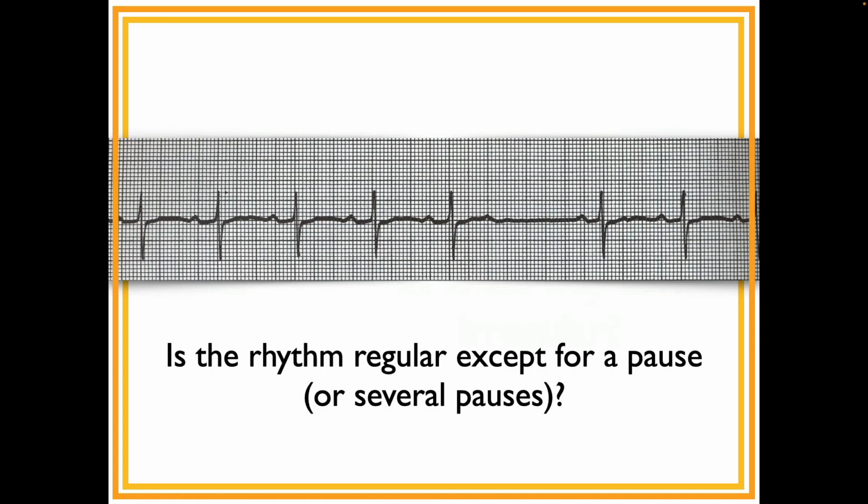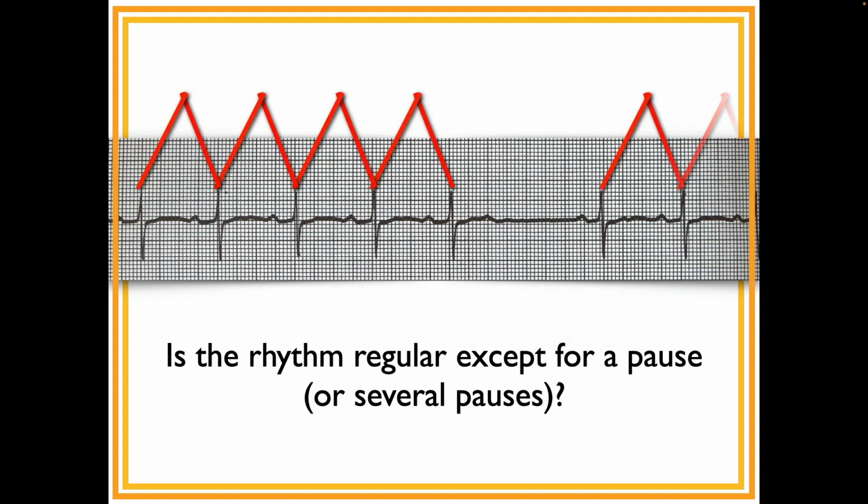One that we've actually already seen in some of the strips that we've talked about is that it is pretty regular. If we look at this half of the strip, we've got a very regular underlying rhythm. But if we look at the strip as a whole, and say, does it march out regularly across the whole strip?